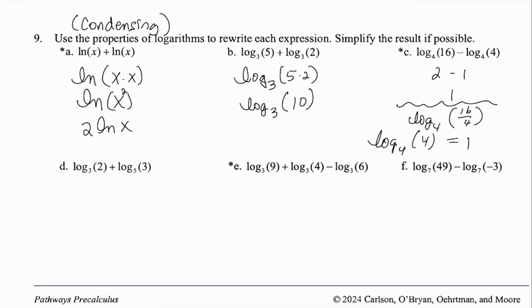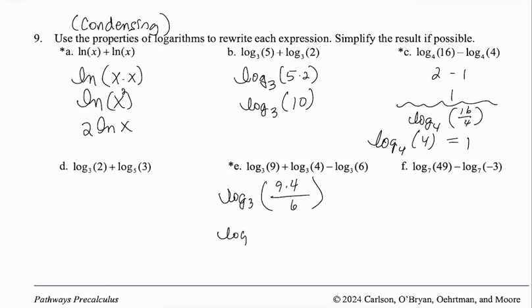So let's look at E. So all of the positive things, so that would be this one and this one, will multiply in the top of our fraction. They'll go in the numerator. All of the things we are subtracting will go in the bottom of our fraction. And then 9 times 4 is 36.